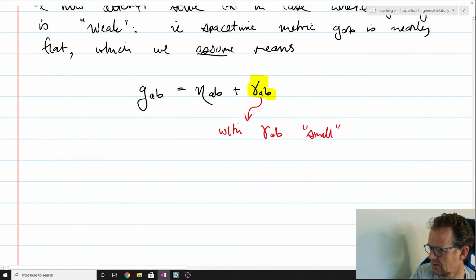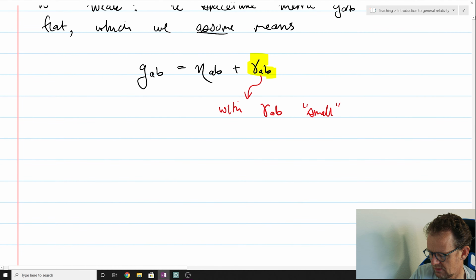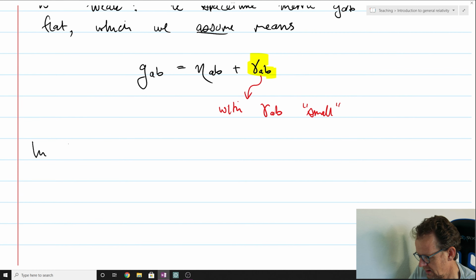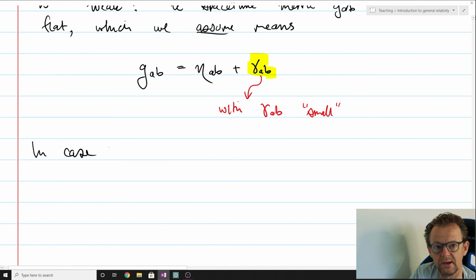The only way I'm going to argue that gamma AB is small is that in a particular coordinate system, so we're going to appeal to a certain coordinate system here, and we're going to thereby break the coordinate invariance of our equations. We're going to say that in a specific coordinate system, the components of gamma AB are small.